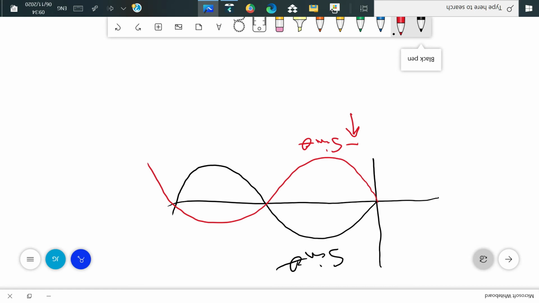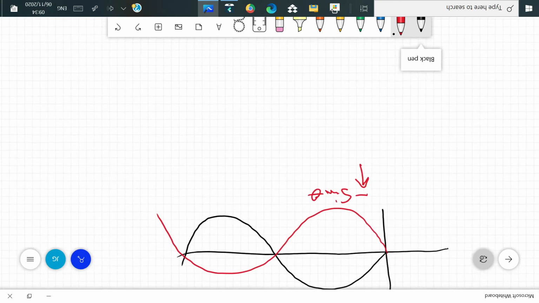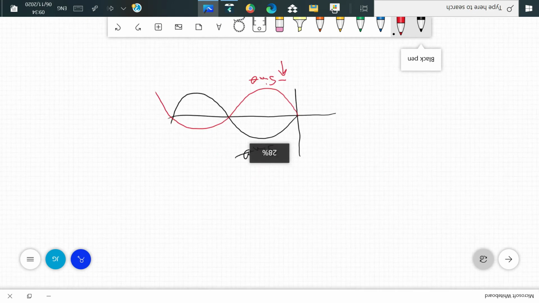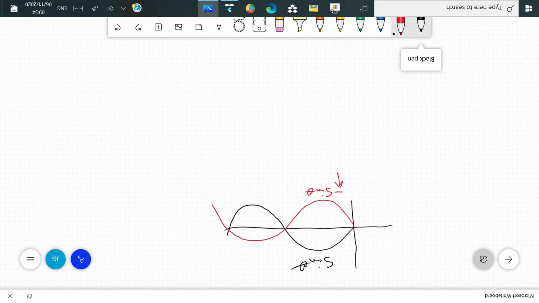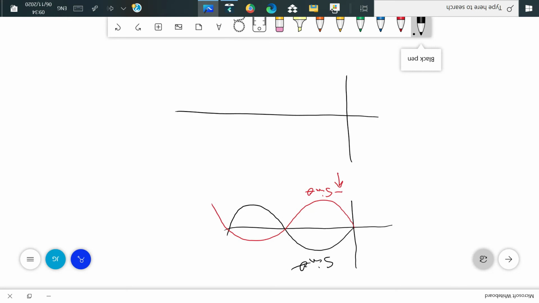And the same thing then for the cosine. I'll make that a little bit smaller. So that'll be doing that. Alternatively, it could be doing this.